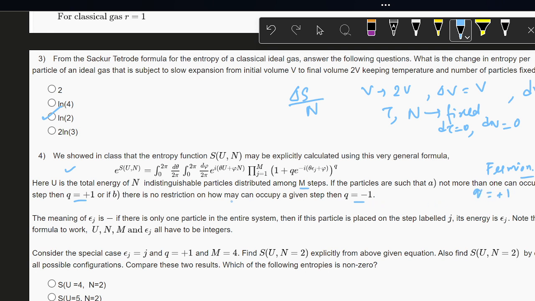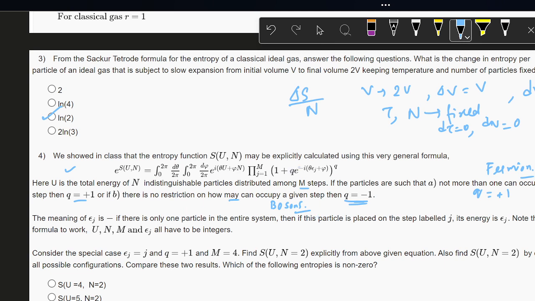And when there is no restriction on how many particles can be in a given step, it can be 1, it can be 2, or it can be all together, they are bosons. They are also a type of indistinguishable quantum particles, but because they do not follow Pauli's exclusion principle, they are called bosons, and for them q value is standard to be taken as minus 1.